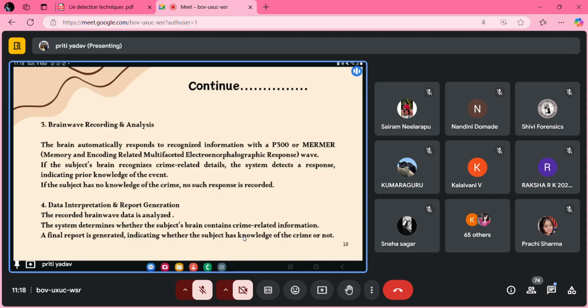It is also termed as MERMER, that is memory and encoding related multifaceted electroencephalographic response. And in the last phase, report generation.